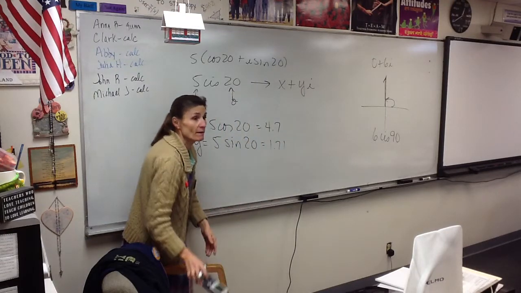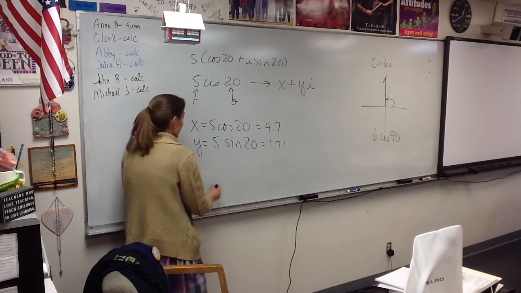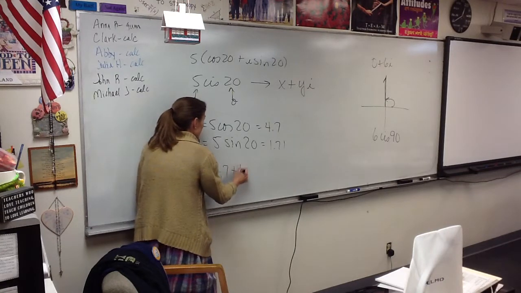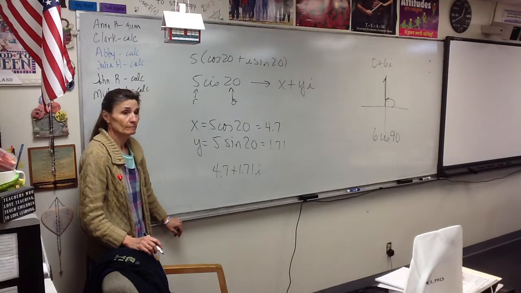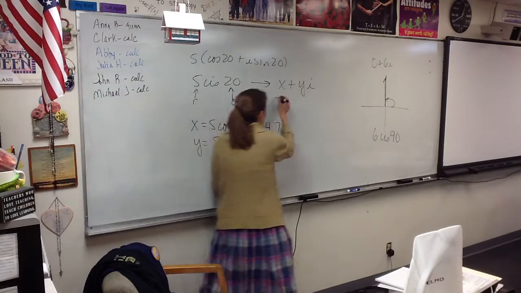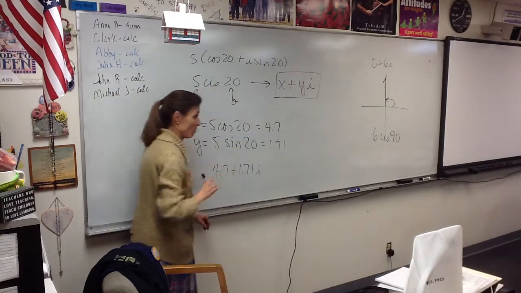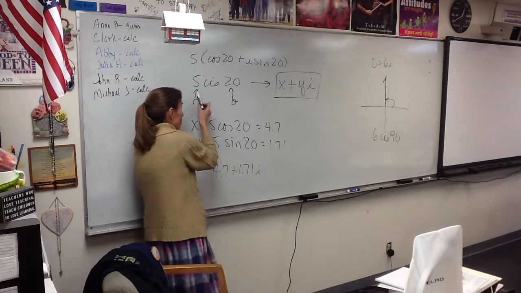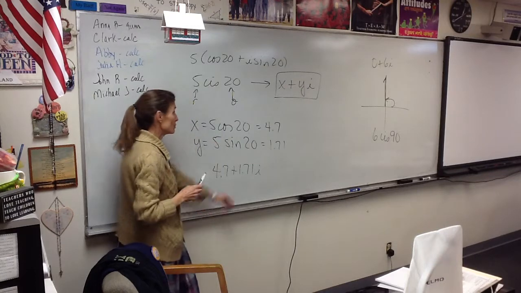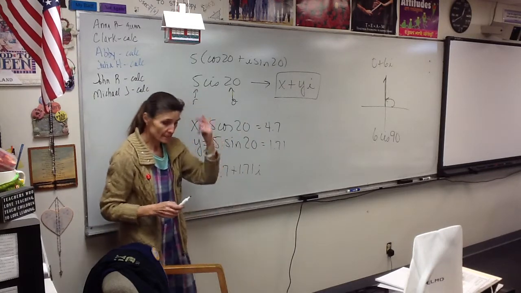And now I can write my final answer, which will be 4.7 plus 1.71i. This is the form you're shooting for. You have R, you have theta. You can find x and y in a snap.